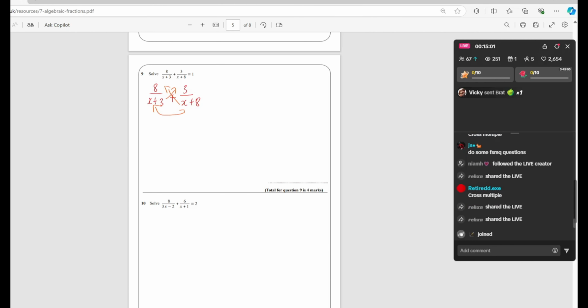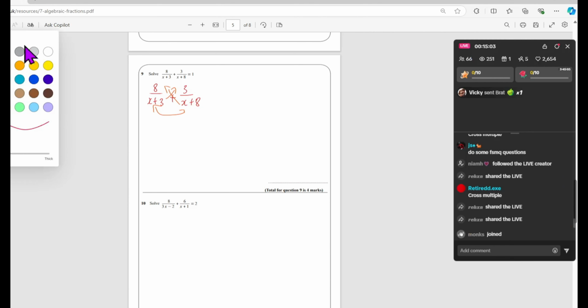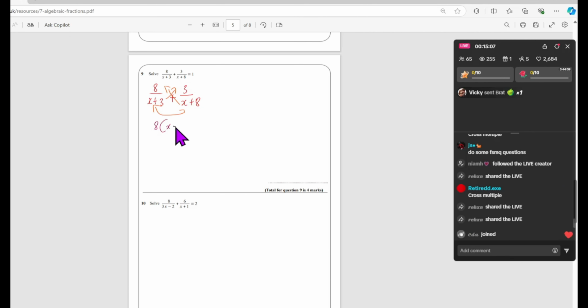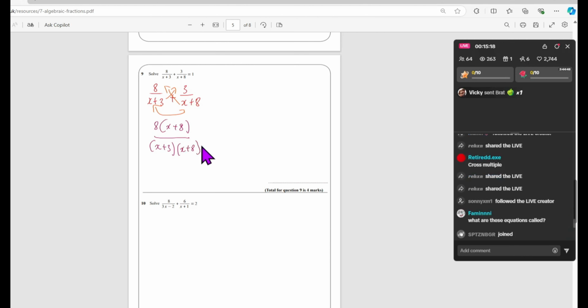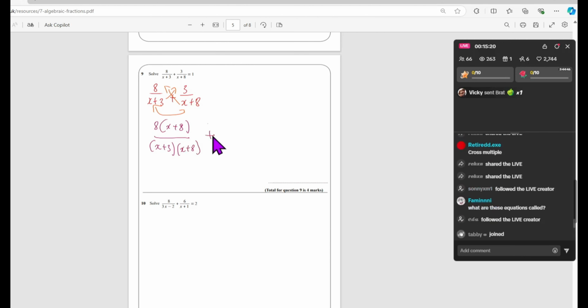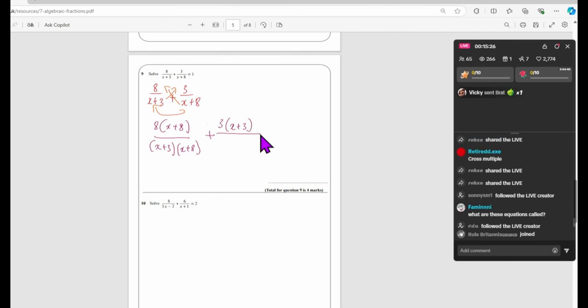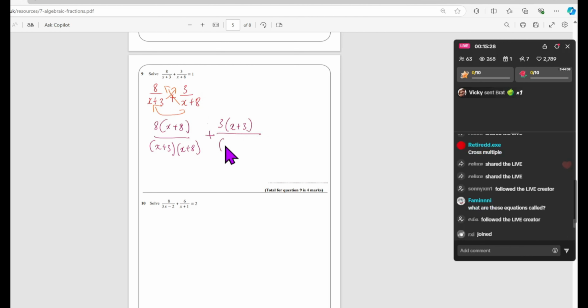So we're going to write it as 8 times x plus 8, over x plus 3 and then x plus 8, plus 3 times x plus 3, over x plus 3 and then x plus 8, as we are multiplying the x plus 3 by 3.